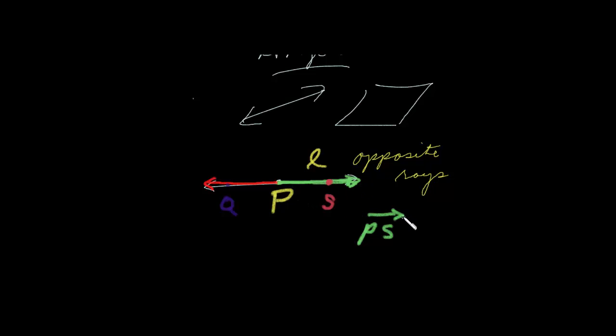Then we'll have another ray, ray PQ. Again the initial point is P, it goes in the direction of Q, and our arrows make sure it points in that direction. So ray PS and ray PQ are opposite rays.